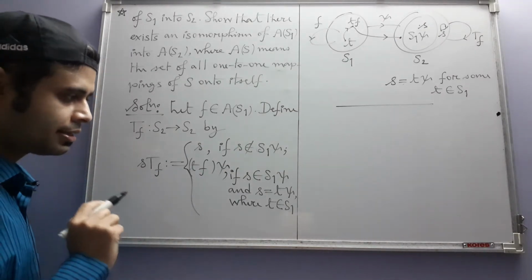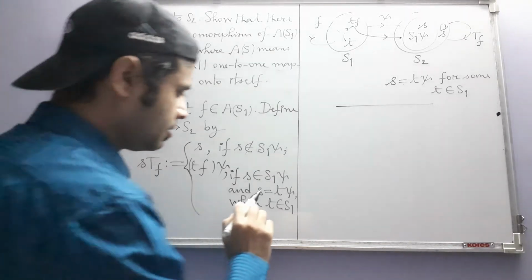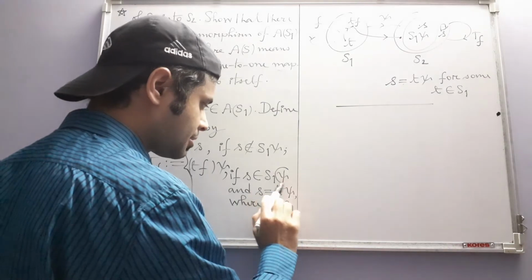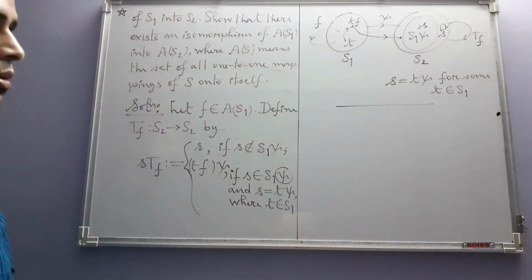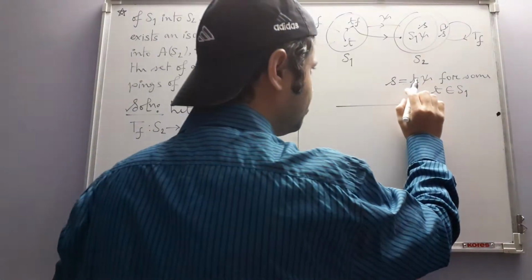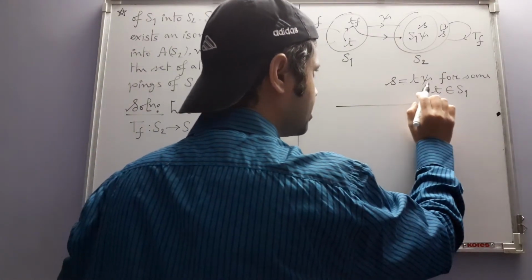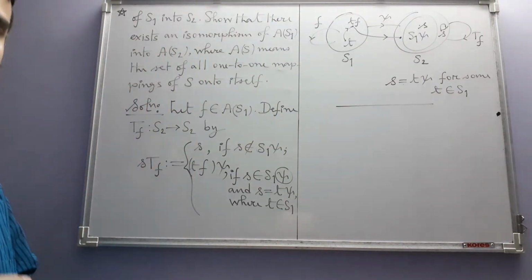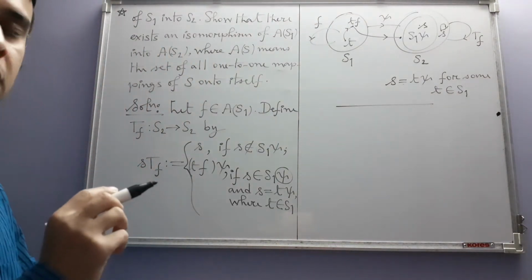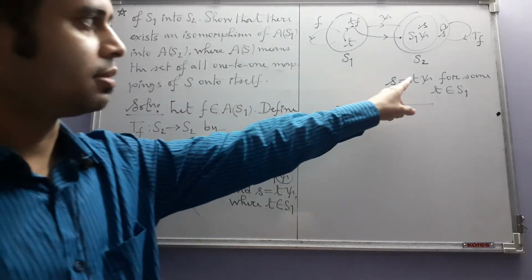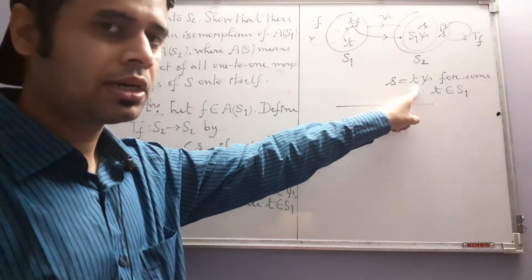Fortunately, that is not the case, and that comes from the fact that our map psi is given to be one-to-one. So the inverse image of S under psi, this T, is unique. Because of the one-to-oneness of psi, there can be only one inverse image T whenever it exists.